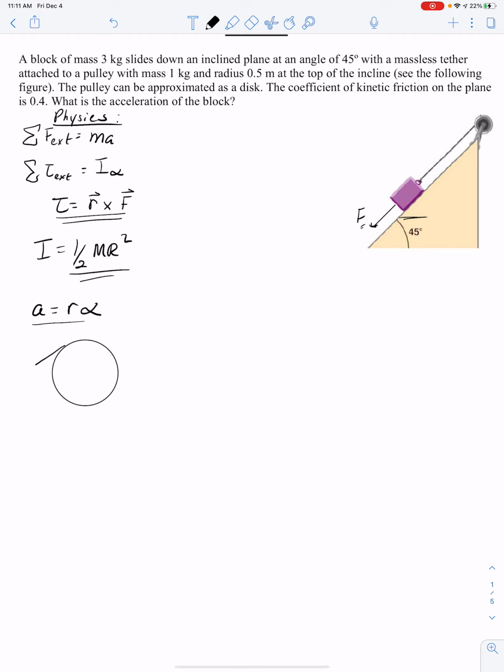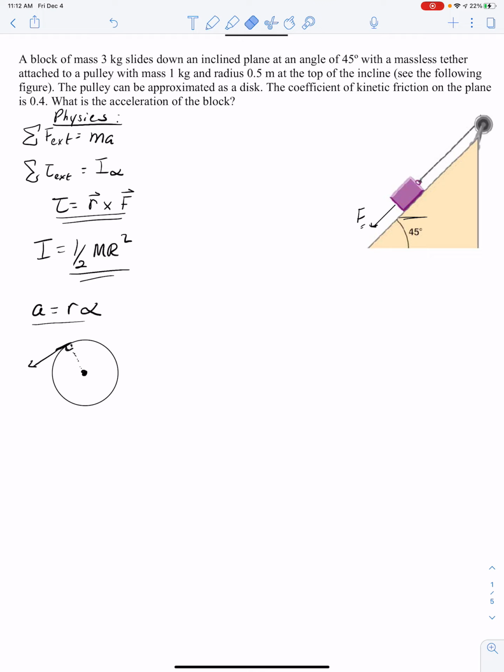And I'll go a little bit more in depth into it, but if you put in a tangential force that is touching the pulley, if you go 90 degrees into the pulley, perpendicular and straight down, this perpendicular line is going to hit the center of the circle. So we are experiencing a tangential force.